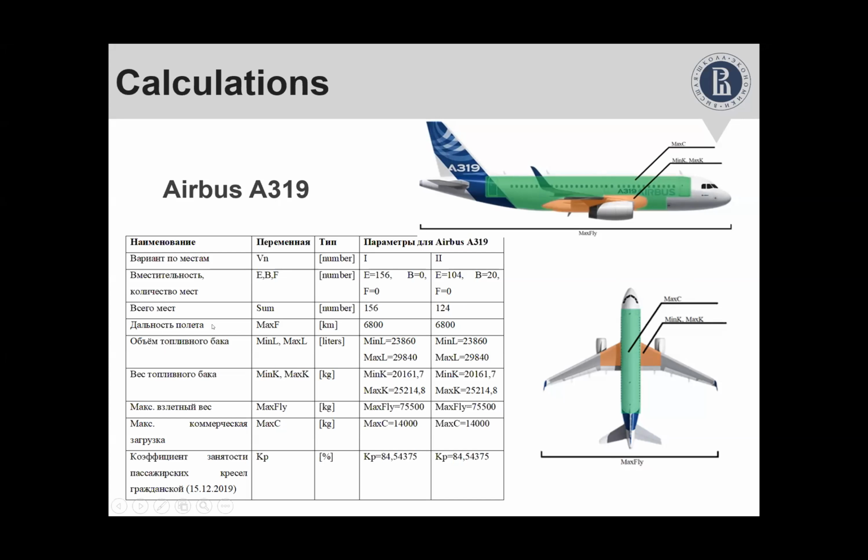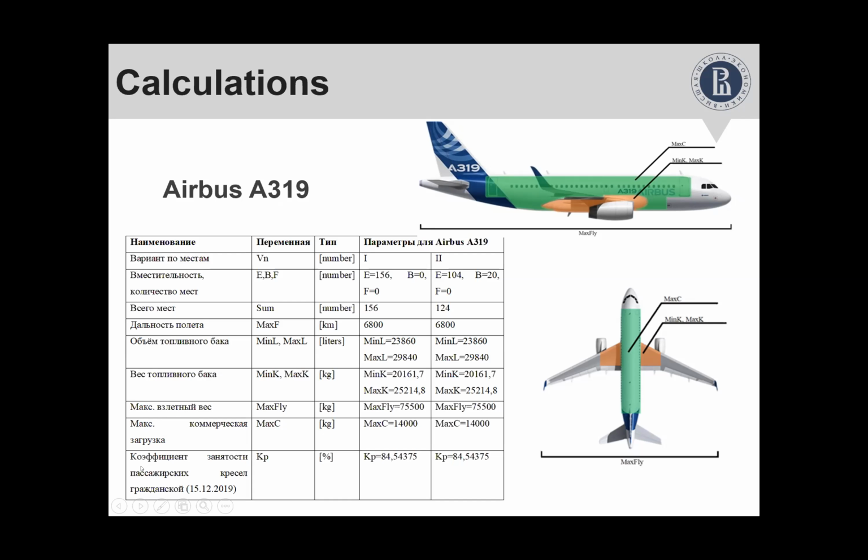Flight distance is the maximum distance of the flight, 6,800 kilometers. Then the fuel tank in liters, where you can again see two variations, and the fuel tank in kilograms, translated to kilograms. This is the max flight weight, and here is the max commercial weight of the airplane.